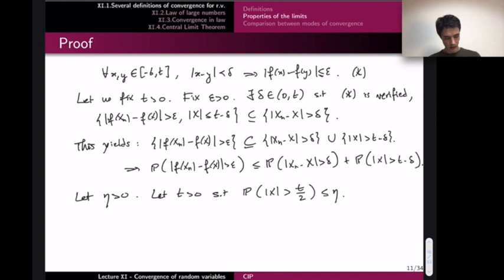I'm not proving that I can find such a t, but you should check this. x is a real valued random variable, so I can actually find such a t. So check this.